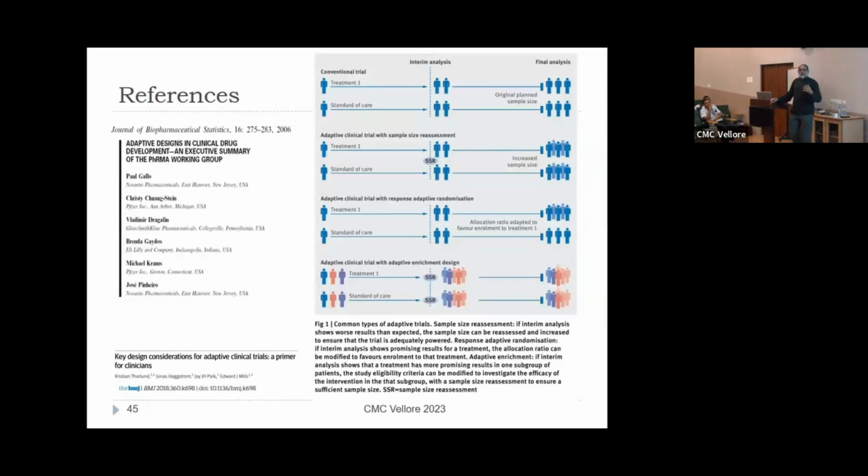They came out with a whole issue in the Journal of Biopharmaceutical Statistics on how to do that, and on key design considerations when you are doing interim analysis, sample size reassessment, response adaptive randomization, or adaptive enrichment design. That's just a graph of that. But this more recent paper in the BMJ gives design considerations for it. I don't want to go through all of these details because we have a lot.